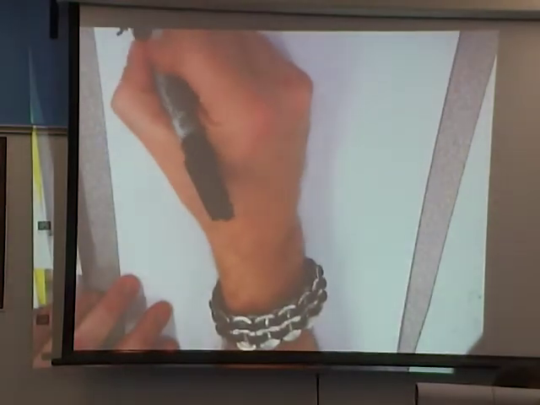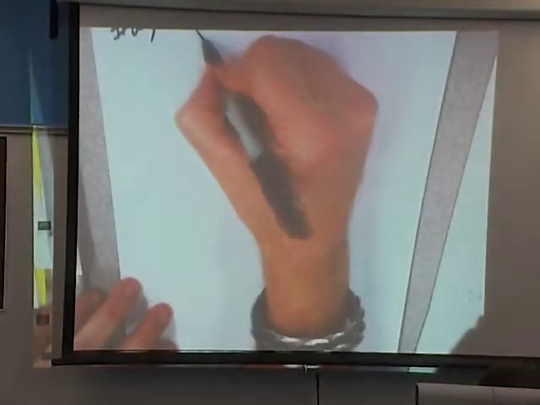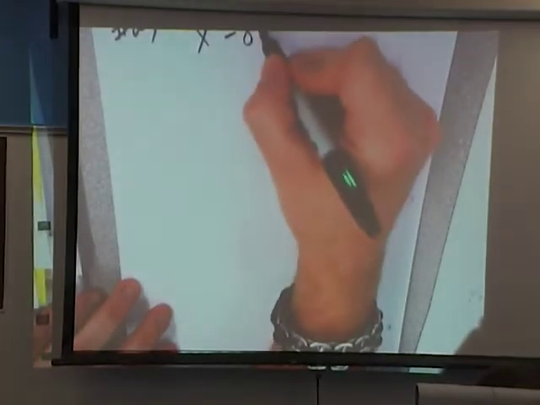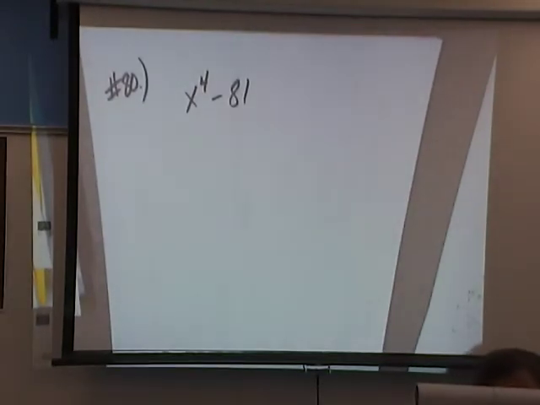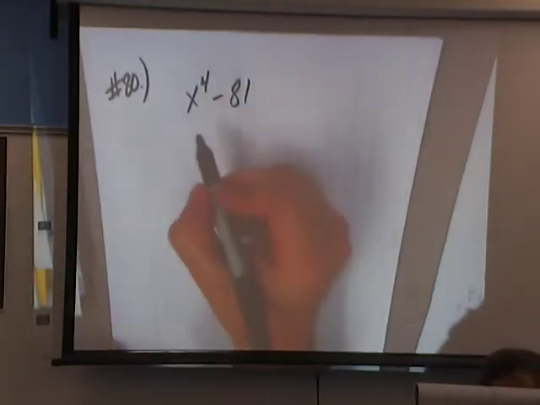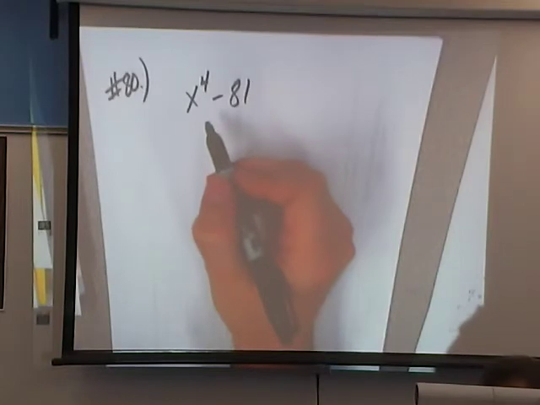Okay, 80. Which is not a factor of x to the 4th minus 81? Well, let's factor it and then we'll be able to find out. First off, this is the difference of two perfect squares.